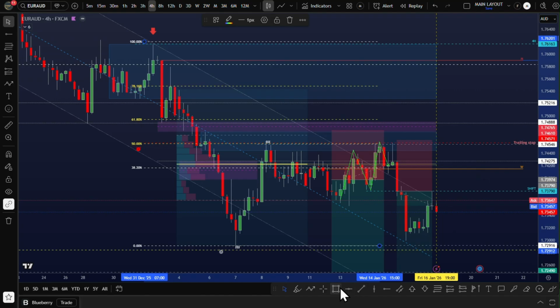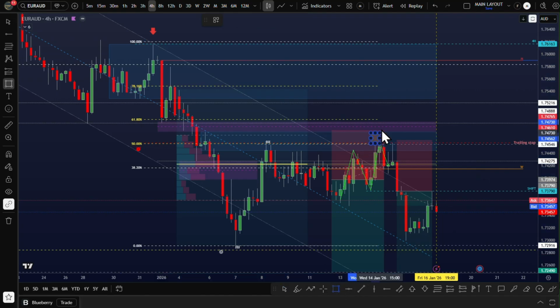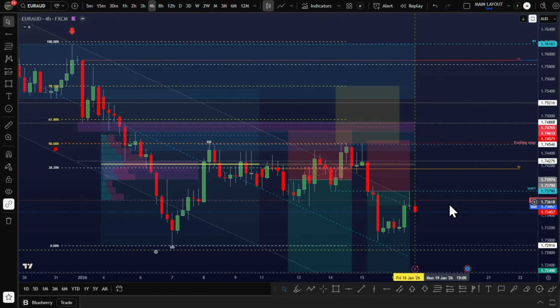So I was expecting at least price come to the 50%, this to the 78%. This represents my discount zone. So I was expecting price to reach minimum around this zone before dropping. This is where I will take the best entry.